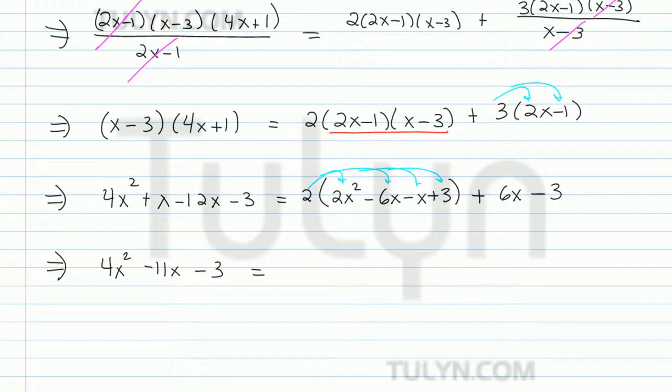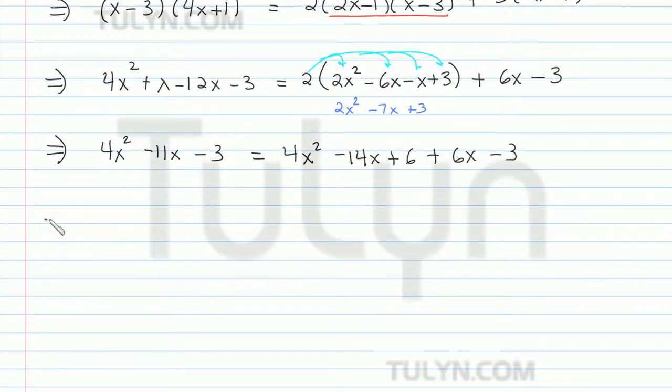we got, well, let's combine these first, and let me do this in this line. This becomes 2x squared minus 7x plus 3, right? So when we distribute that 2 in, this becomes 4x squared minus 14x plus 6 plus 6x minus 3. So now we combine like terms on each side.